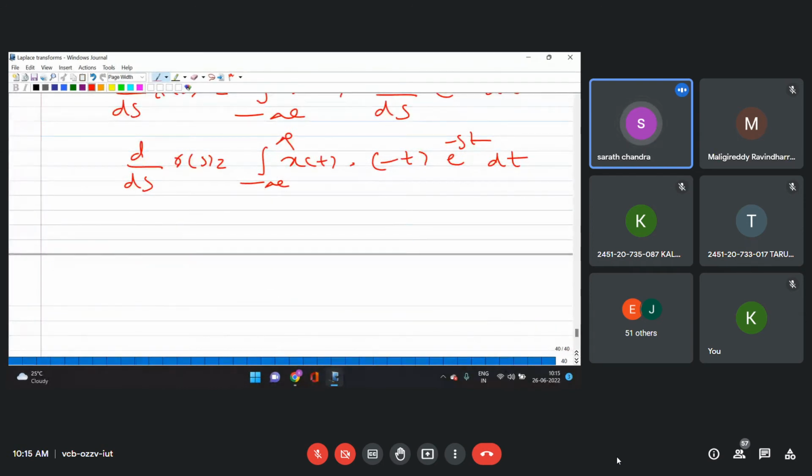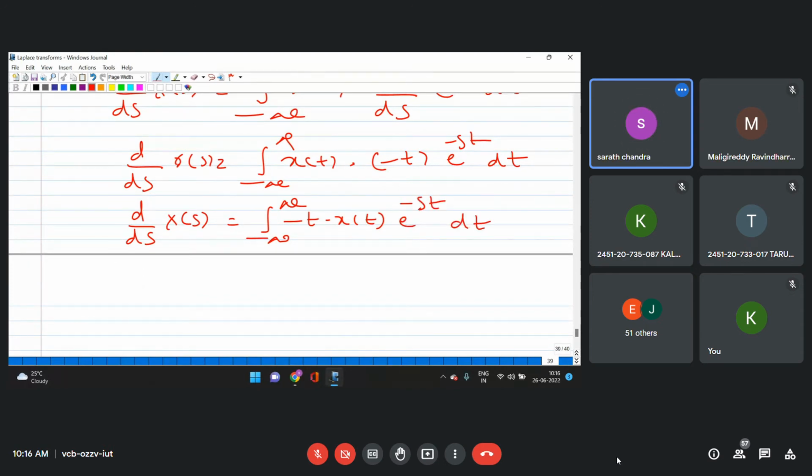Just without this will be what? The inverse Fourier transform of x of t, sorry, excuse me, inverse Fourier transform, right? So the proof: d by ds of x of s equals minus infinity to plus infinity minus t x of t e power minus st dt, right?